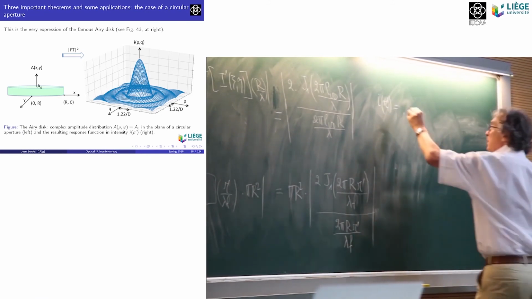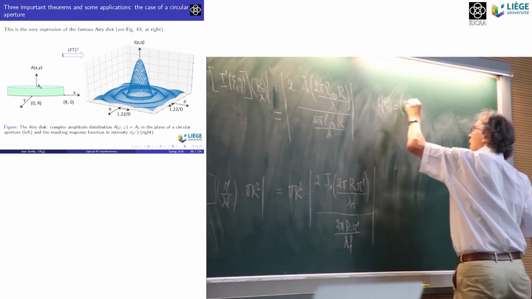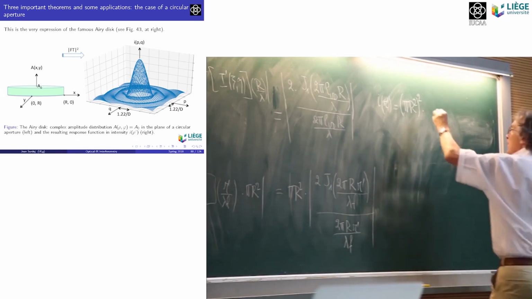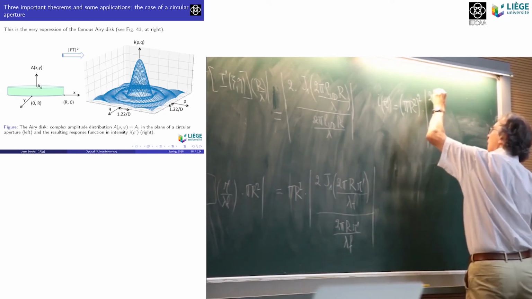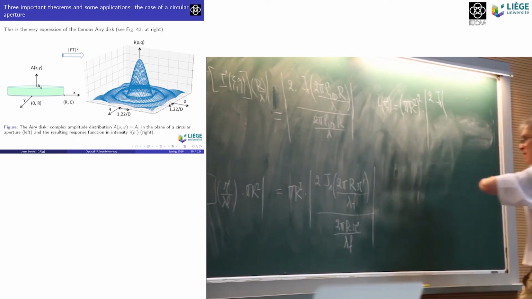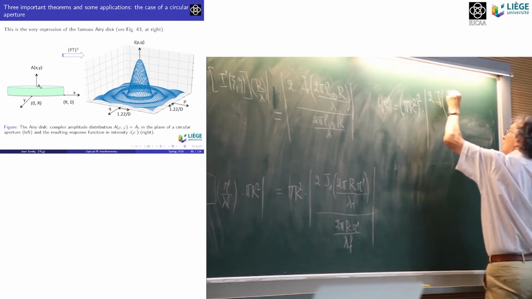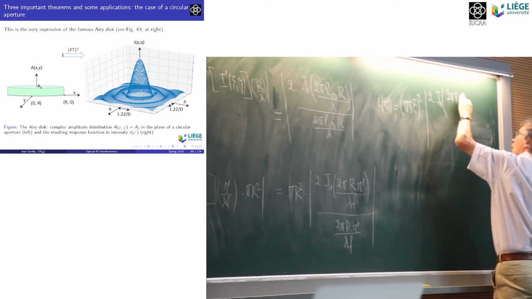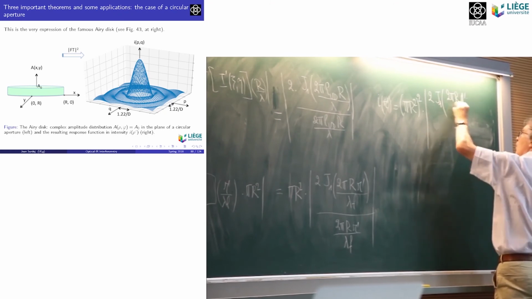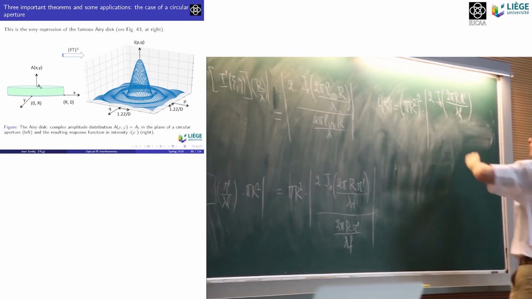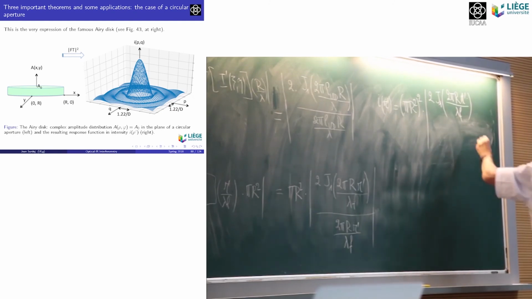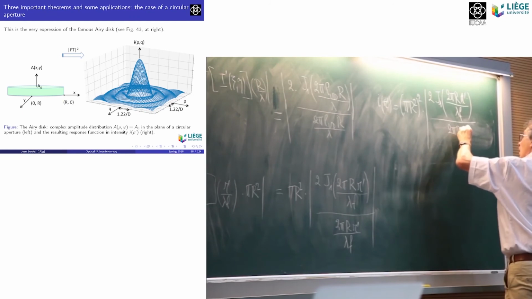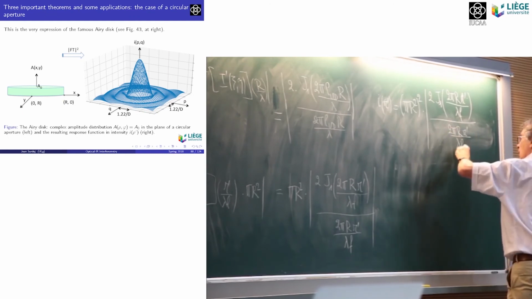So it will be pi times r square at the power 2 multiplied by 2 times the first order Bessel function of 2 pi r times r prime over lambda f, divided by 2 pi r prime over lambda f.